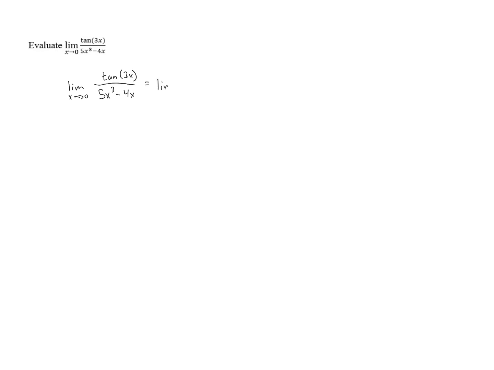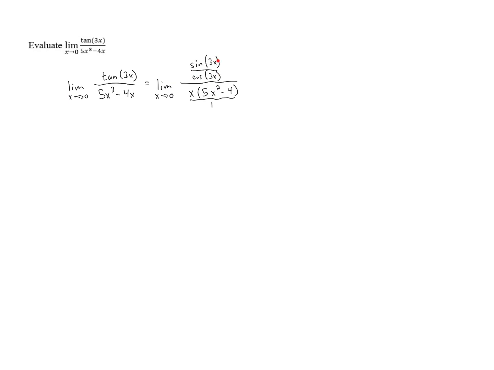We've got the limit as x approaches 0. Let's rewrite that tangent as sine over cosine. So sine of 3x over cosine of 3x. And this is all over x times 5x squared minus 4 when we factor out that x. Now, there's different ways to work with this. What I'm going to do is take the denominator and rewrite it as a fraction over 1.